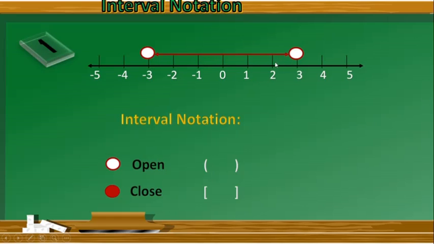So to write the interval notation, we first write the open parenthesis, then negative 3, comma, 3, and a closing parenthesis. In this case, you can determine automatically by looking at this that negative 3 is not included in the solution, as well as 3, because of the parentheses and the open circle.